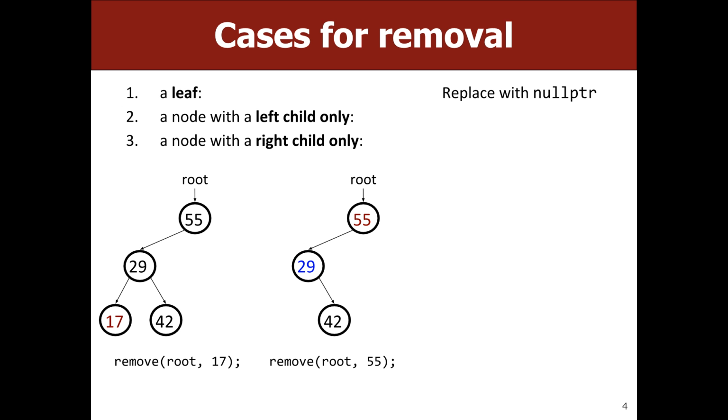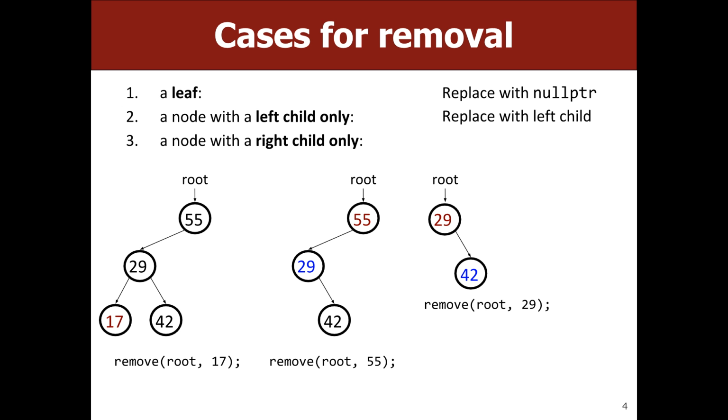What'd you say? Yeah, exactly. So when you only have a left child, you can just replace the node with its left child. And then if you only have a right child, you can just replace the node with its right child.